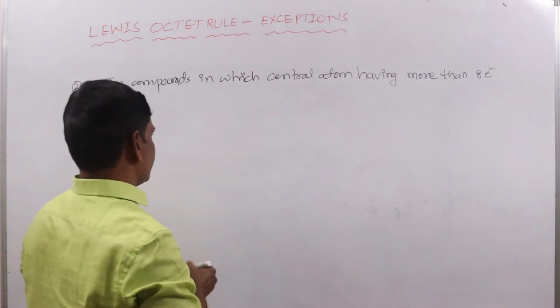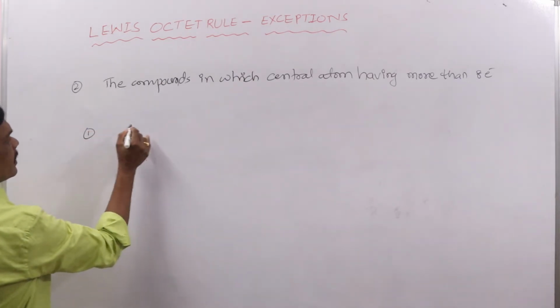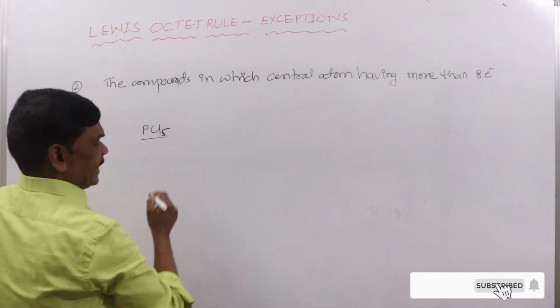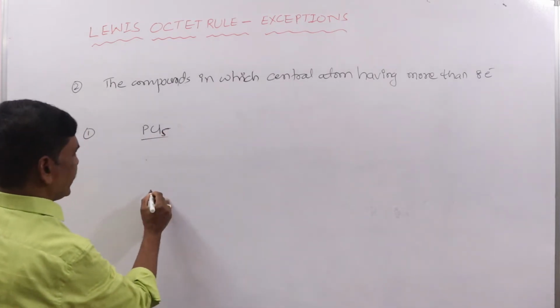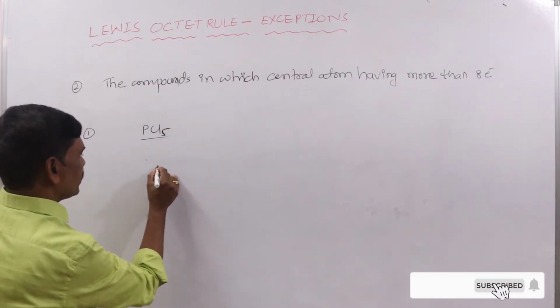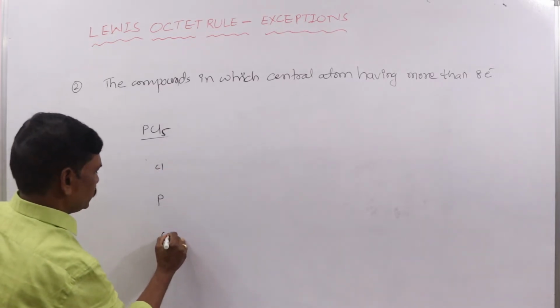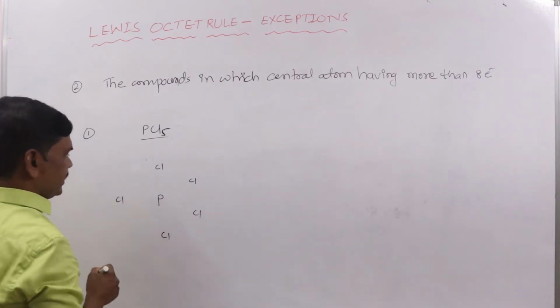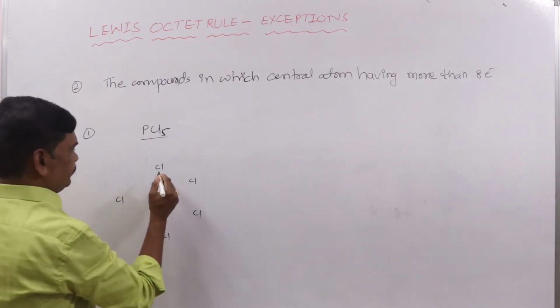Examples are, first one, phosphorus pentachloride. Now the structure of phosphorus pentachloride: chlorine, and chlorine.